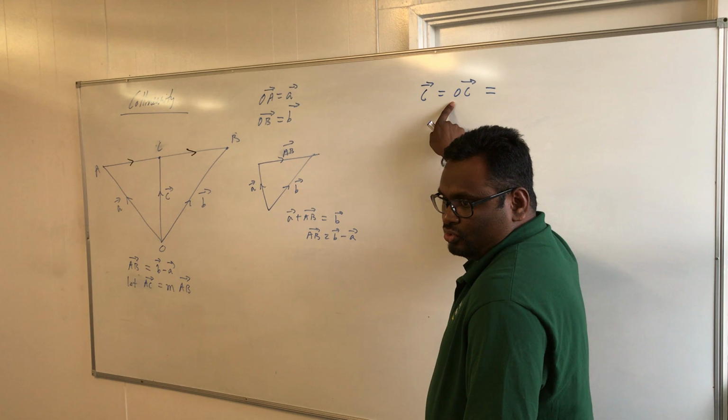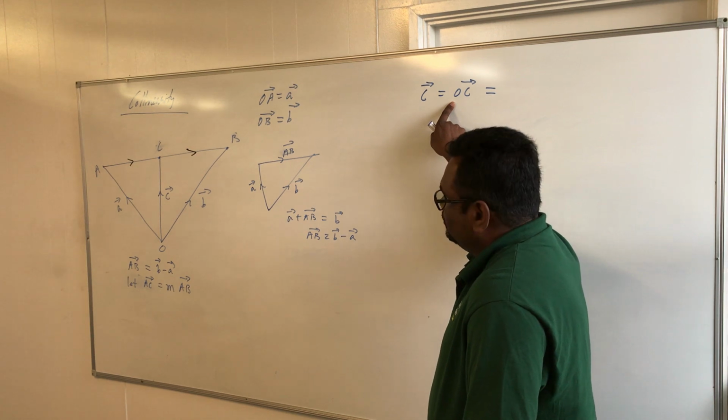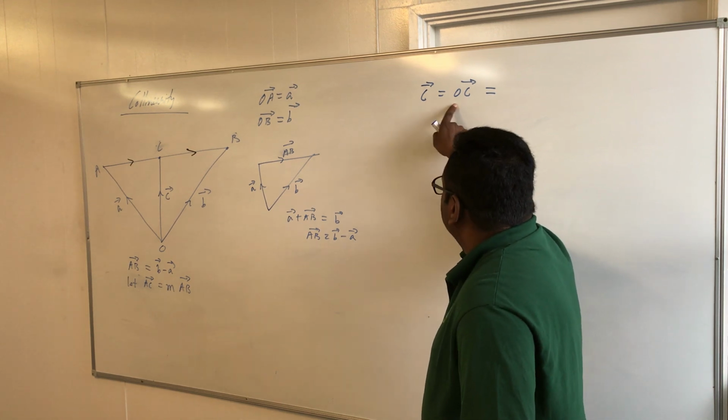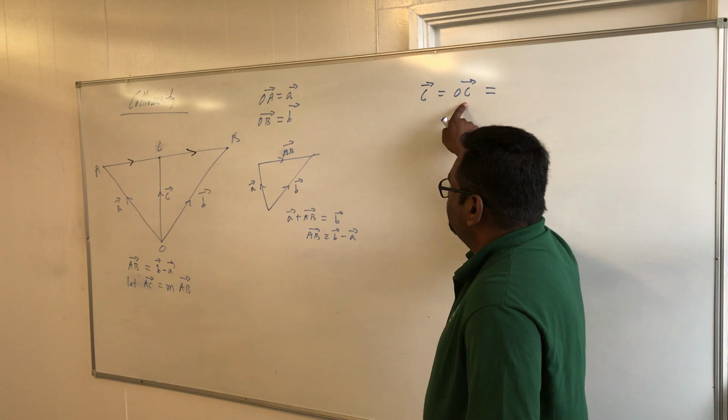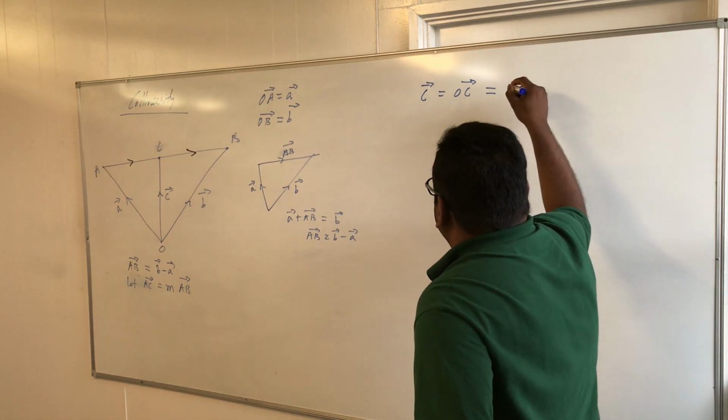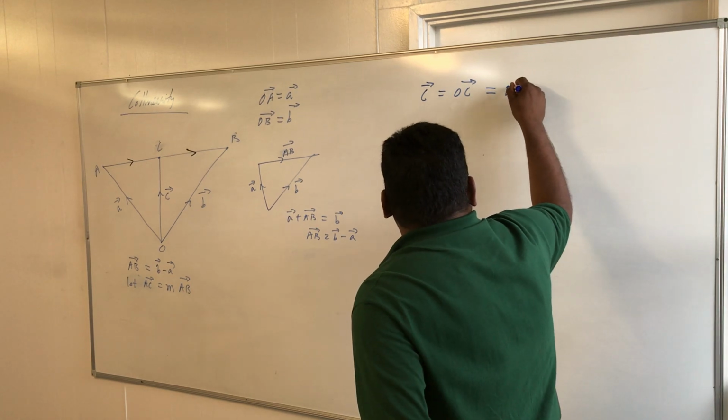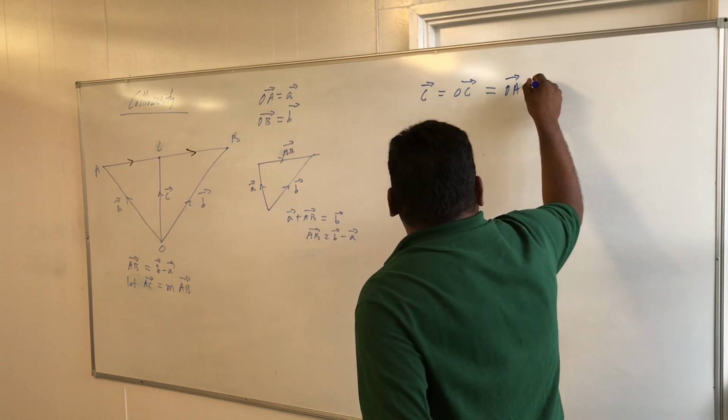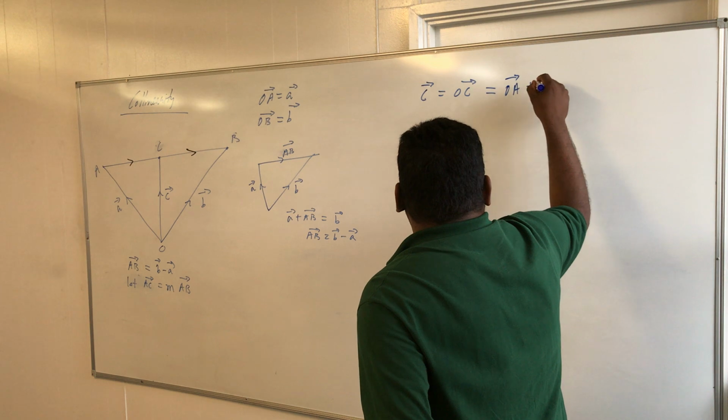Is it C minus O? OC is C, but how do you write OC? Please do these, okay?